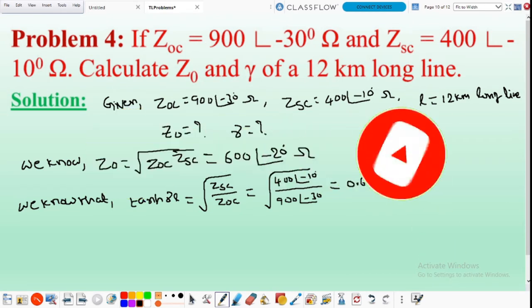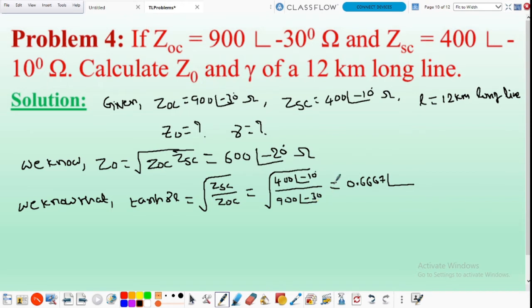For the phase angle, the denominator phase angle comes to the numerator: we have minus 10 degrees plus 30 degrees, which is 20 degrees. The square root gives 20 degrees divided by 2, which is 10 degrees. So tanh gamma L is equal to 0.667 at an angle of 10 degrees, and this is the polar form representation.